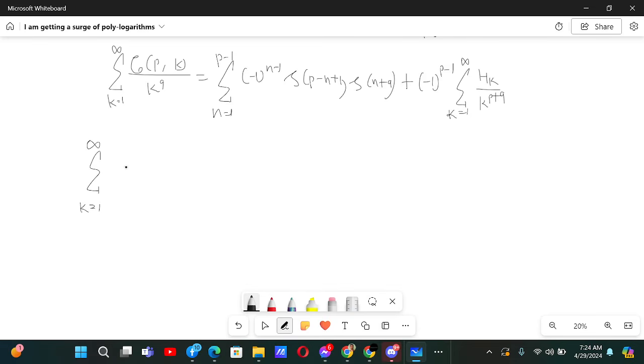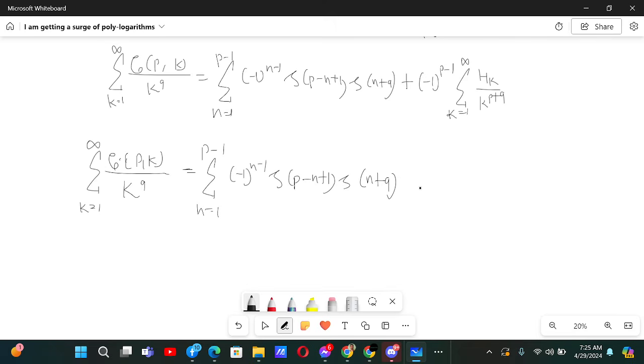Sum from k equals 1 to infinity of the function of p comma k by k to the power q, and over here it's sum from n equals 1 to p minus 1, minus 1 to the power n minus 1 Riemann zeta of p minus n plus 1 Riemann zeta of n plus q.